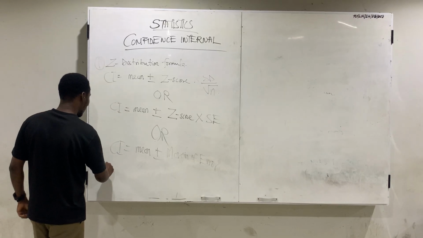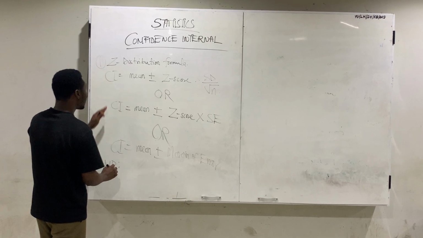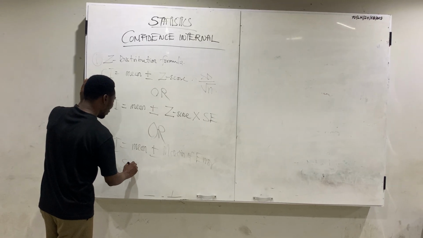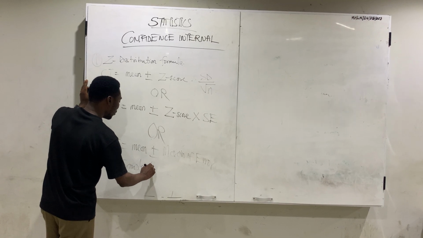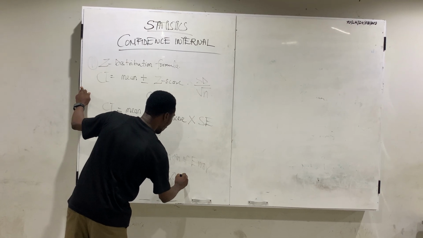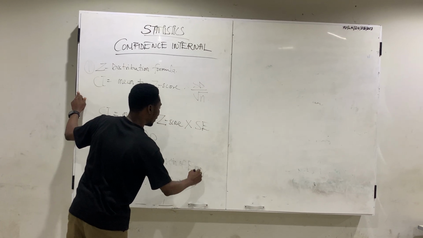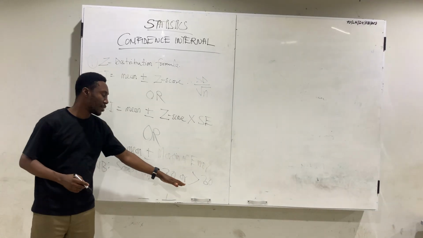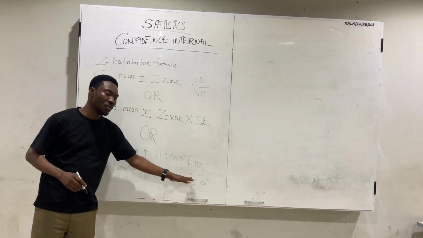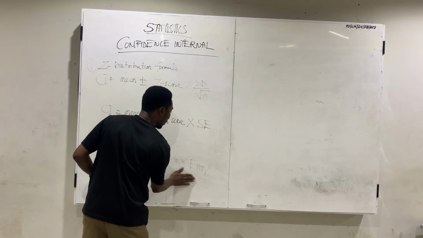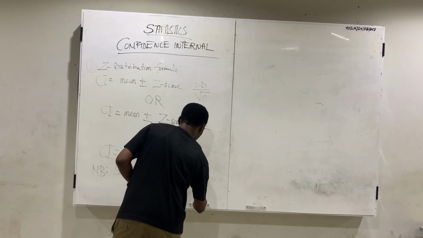So take notes that we use this distribution formula when the sample size (n) is 30 or greater than 30. When sample is 30 or greater than 30, that is when we use this formula.